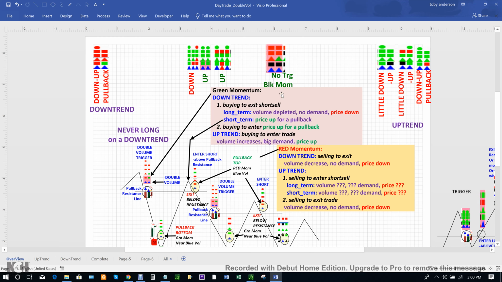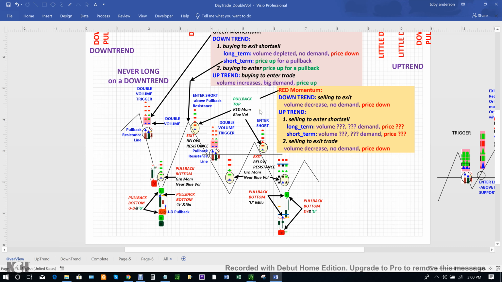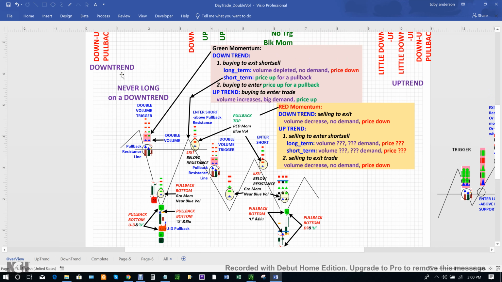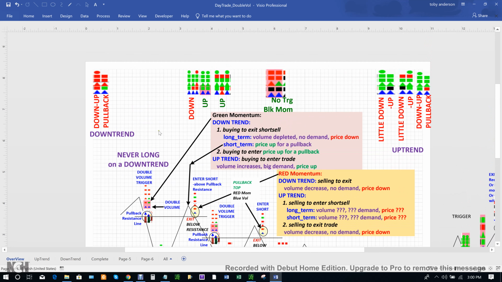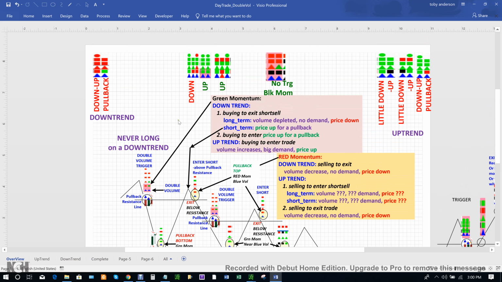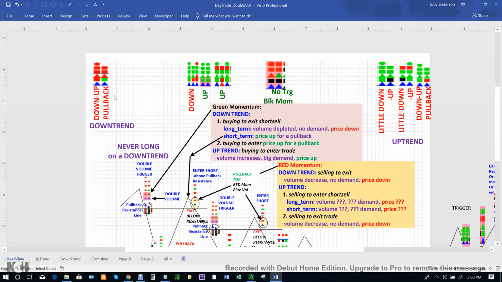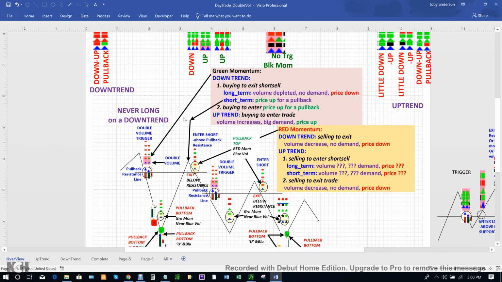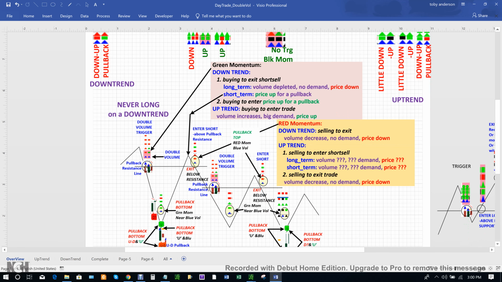Okay, so on a downtrend, you'll get this downtrend indicator here, or it could even be two red ones. I don't show that example, but instead of having a red green, you could have a red red, and then you draw the resistance line. You wait for it to come down and come back up again.